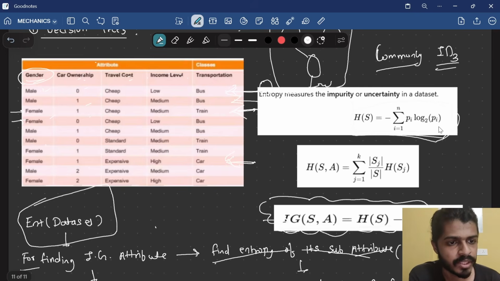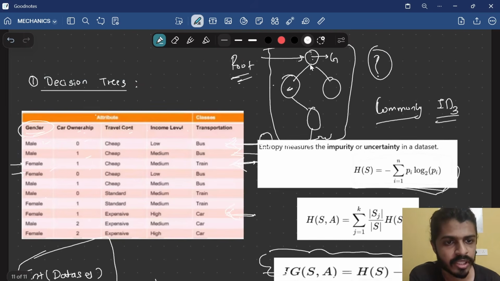Put that probability in this formula, sum it all, and find the entropy of the dataset. We do the same thing with the attributes. We find the weighted average entropy for each sub-attribute, put it in the information gain formula, and find the information gain. Whichever has the higher information gain, we select it as a node.